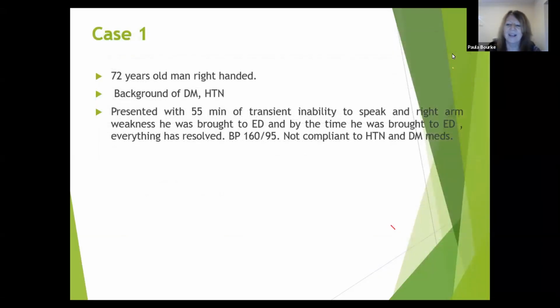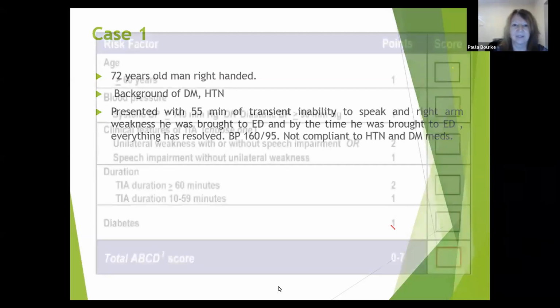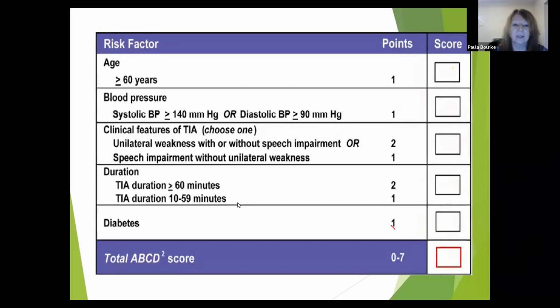Okay. Let's go through this then. So how old is he? Age, he is 72. So he scores a point over 60. Blood pressure, what's his blood pressure? 160/95. He gets a point, right? C, clinical features.